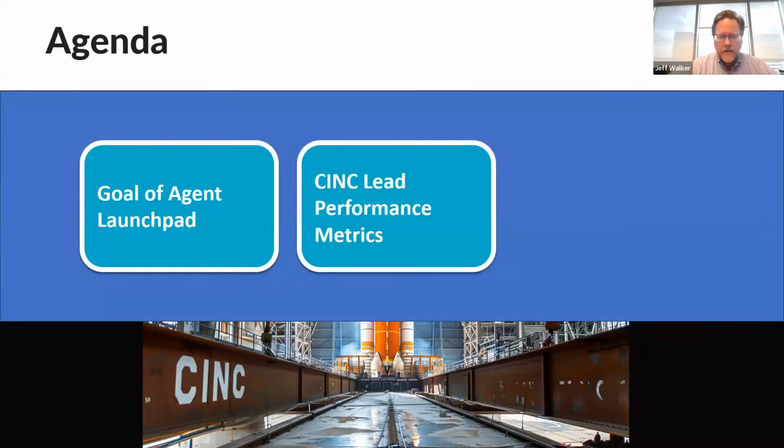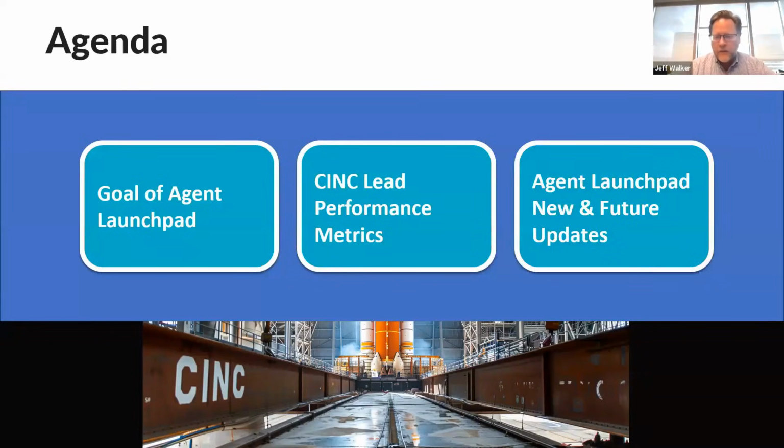Take a look at some of our lead performance metrics really quickly, and really dive deeper into the different types of leads which can be showing up in the Launchpad now that we've built out some new features there. And then we'll take a look at some of the new features that have already launched and what's coming up in the near future on it as well.